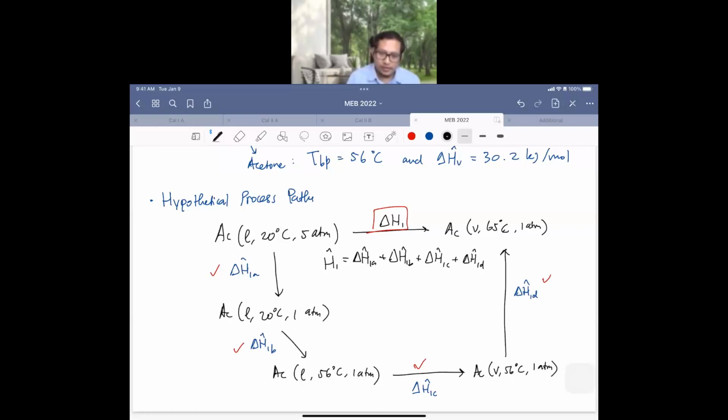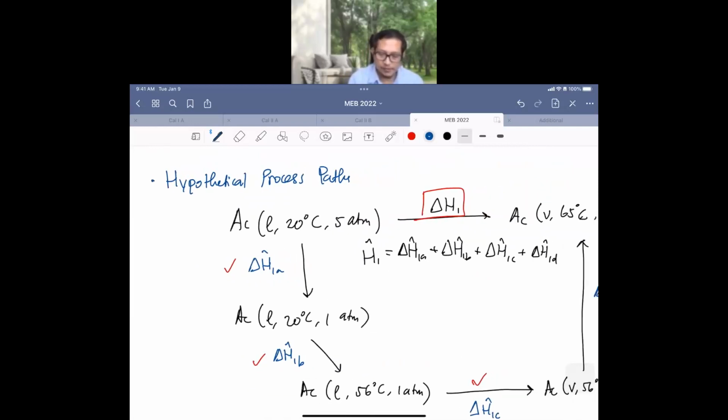For the first one, let me write each of the components for the formulations. A is equal to the constant specific volume of the acetone liquid multiplied by 1 minus 5 atmosphere.